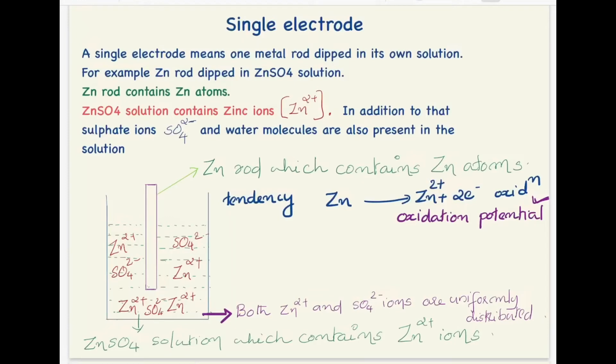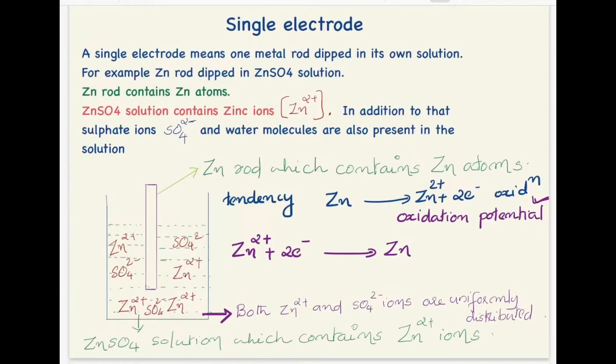Now, another tendency is this. Zinc ions in the solution have a tendency to accept electrons and become zinc atoms.